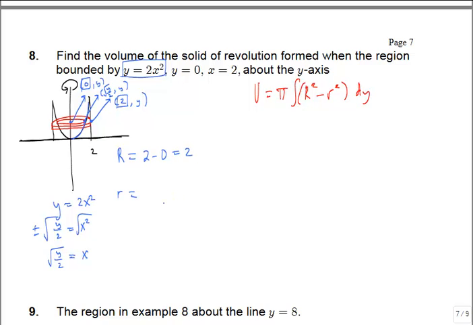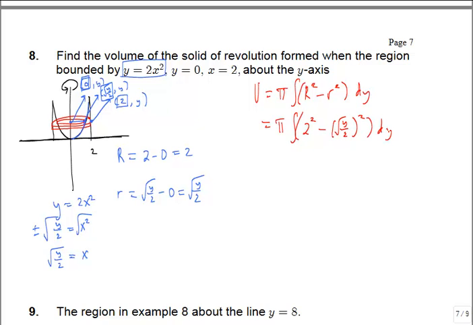Little r is going to be from the inner coordinate, so this x value here, minus the center. You're always going back to the center. So square root of y over 2 minus 0, which is just square root of y over 2. So now we know big R and little r. Let's plug them in. So big R is 2, so this is going to be 2 squared, minus little r, which is root y over 2, and we want to square that.